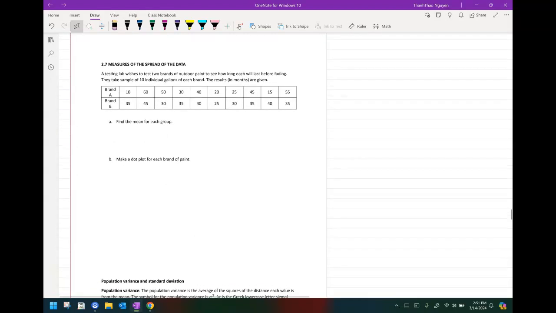I will use our calculator to calculate the mean for each group. Using the calculator, I calculate that the average time that the paint will last before fading for brand A is equal to 35 months.